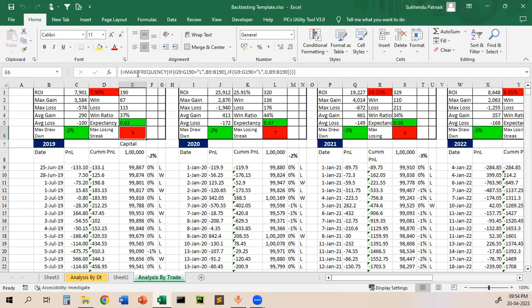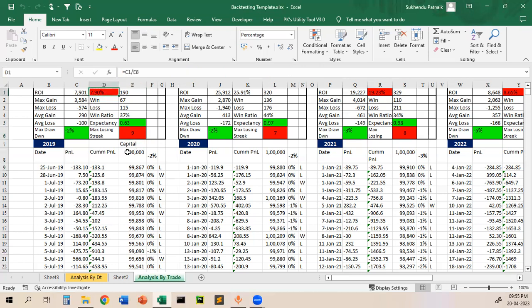Then the maximum losing streak is calculated here from this count of L and W. So this is basically what we're trying to say for the year 2019: if you calculate all the trades taken, that is 190 trades, there is a maximum streak of 9 losses at a stretch. The same thing is applied for every year.